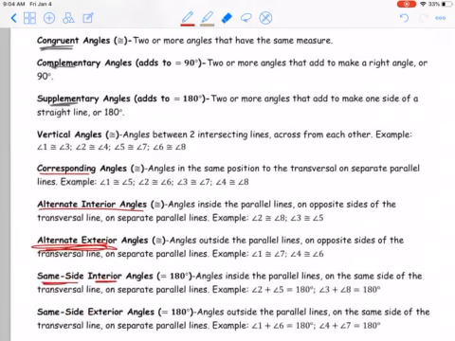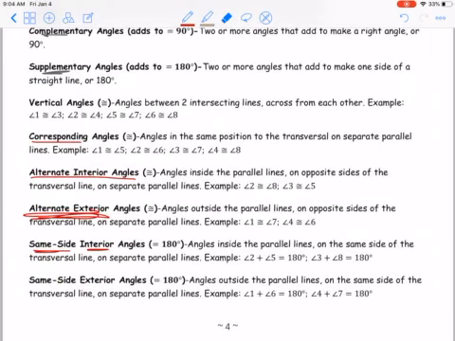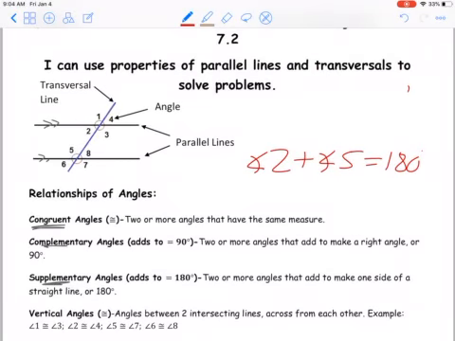The opposite, same side exterior angles, mean the exact same thing as this last one, but they're outside the parallel lines. So like 1 and 6, or you could do 4 and 7, but you set it up adding them to equal 180. And then if you know one of them, you just subtract it to get the angle that you're missing.